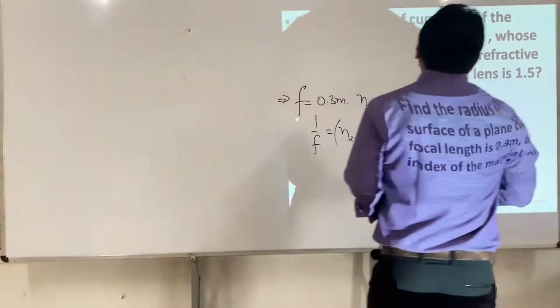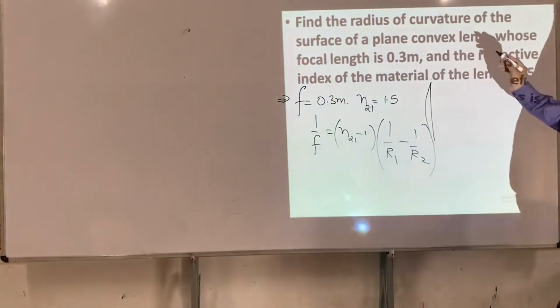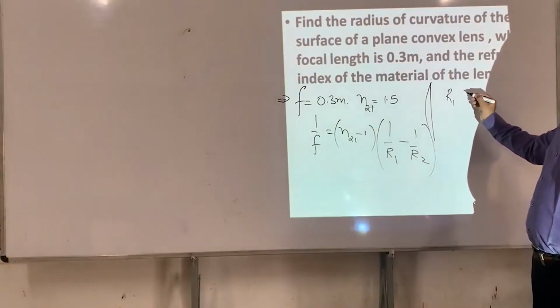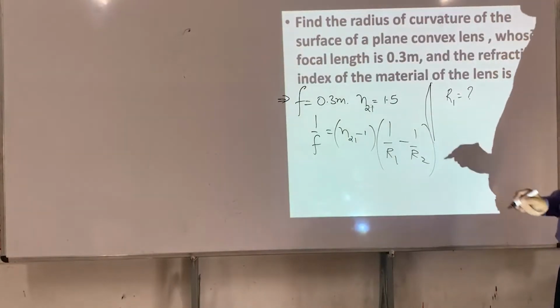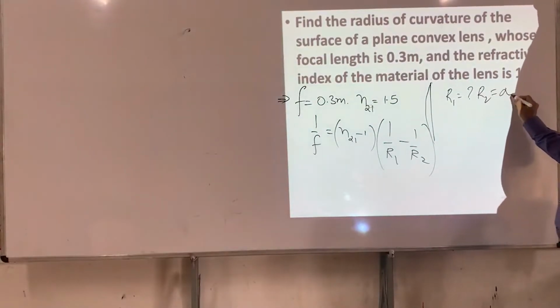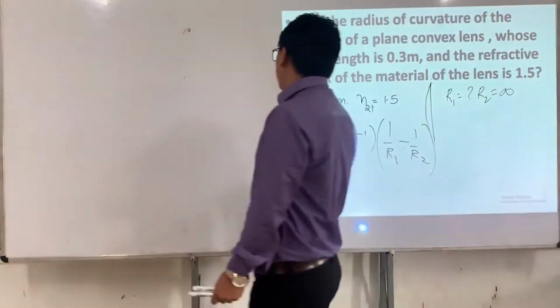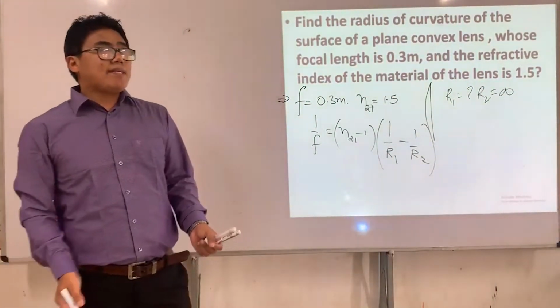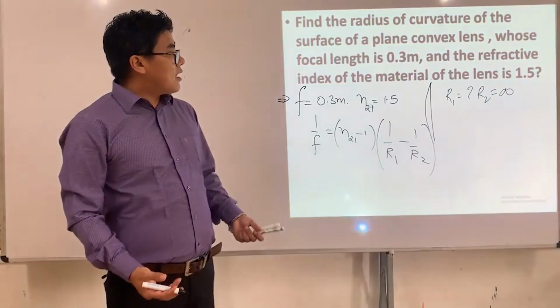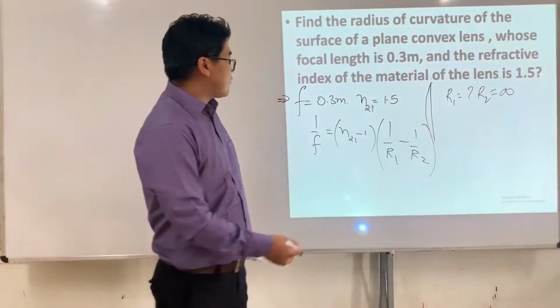Now look here. The problem says that it is a plano-convex lens, provided R1 is some finite value which we are going to find, and R2 is going to be infinity. This is a plane surface. We discussed last time that a plane surface has infinite radius of curvature.